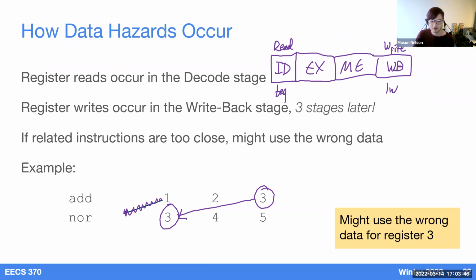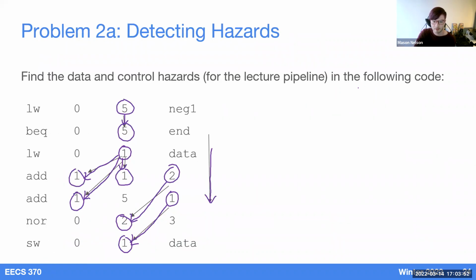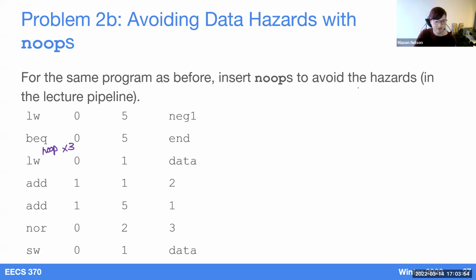And so the easy thing that we'll do is just put no-ops into those 2 stages. So let's see, let's add those 2 no-ops. So we put 2 no-ops between the LW and the BEQ. All right, let's keep going.